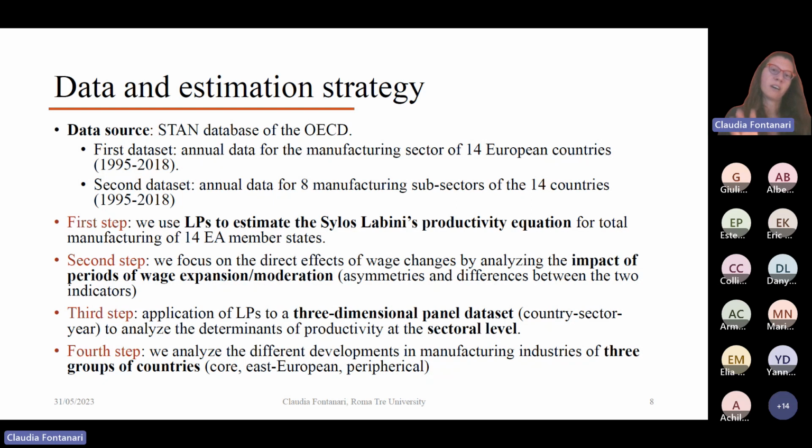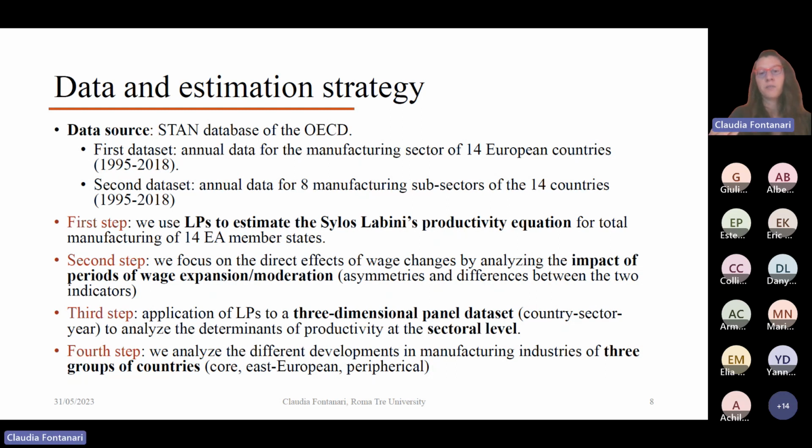Then, once I have analyzed the effect of each determinant of the equation, I focus especially on the two measures of labor cost, changing the equation by introducing a dummy that identifies episodes of wage expansion or wage moderation. I introduce this dummy in place of the indicator, which is the rate of growth of the wage indicator.